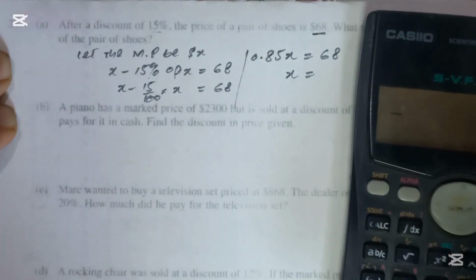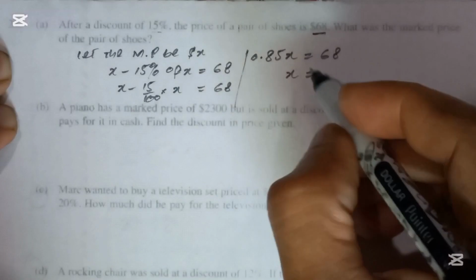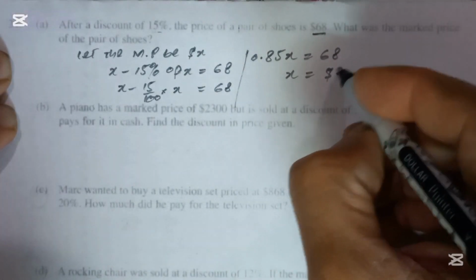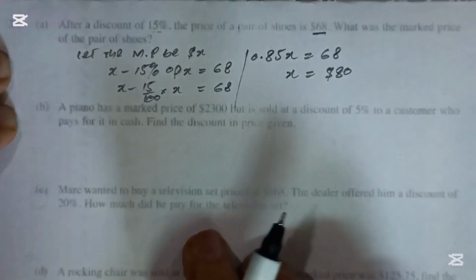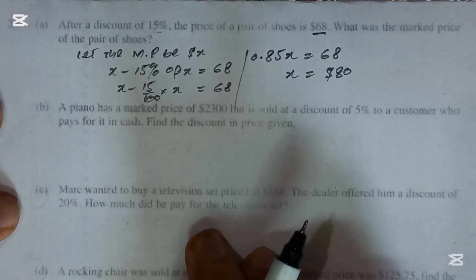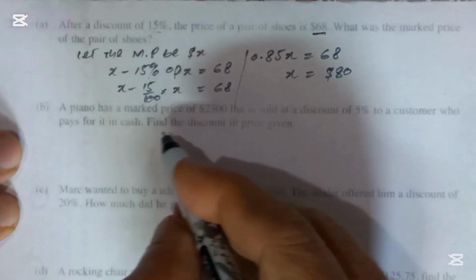That will be 68 divided by 0.85. So $80 was the marked price.